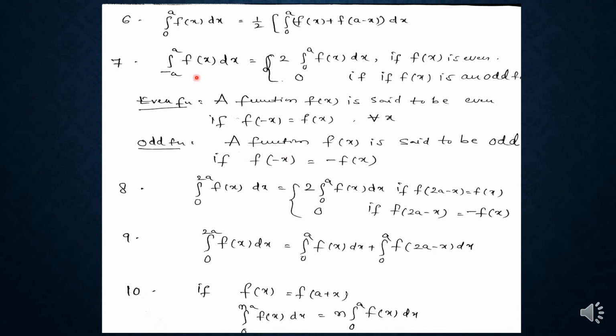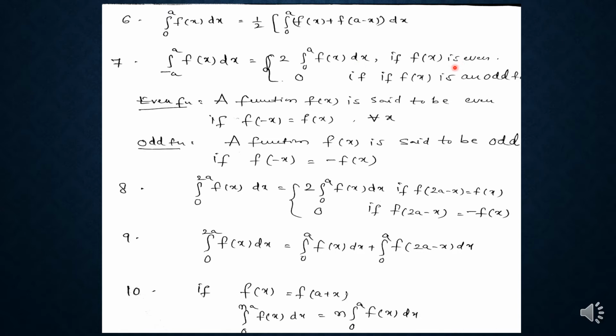If the limits are given as minus a to a of f(x) dx, for example minus 2 to 2, or minus pi to pi, or minus pi by 2 to pi by 2, first we have to check whether it is an even function or an odd function. If it is even, we can write this integral as 2 times integral 0 to a of f(x) dx.